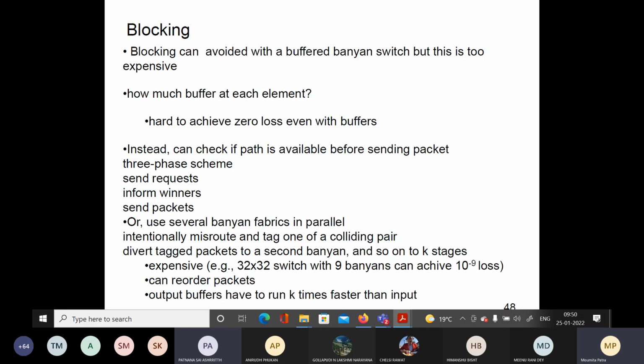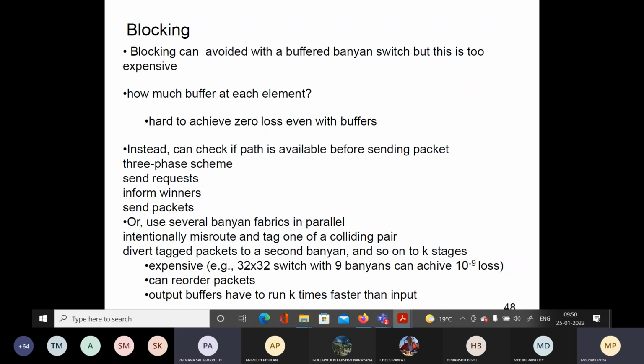How can we use that in case of Banyan switches? There are three phase schemes which are used in this case. One is to send the request and inform who are the winners. The winners are the ones for whom the path is available, and then you send those packets and keep the other packets.